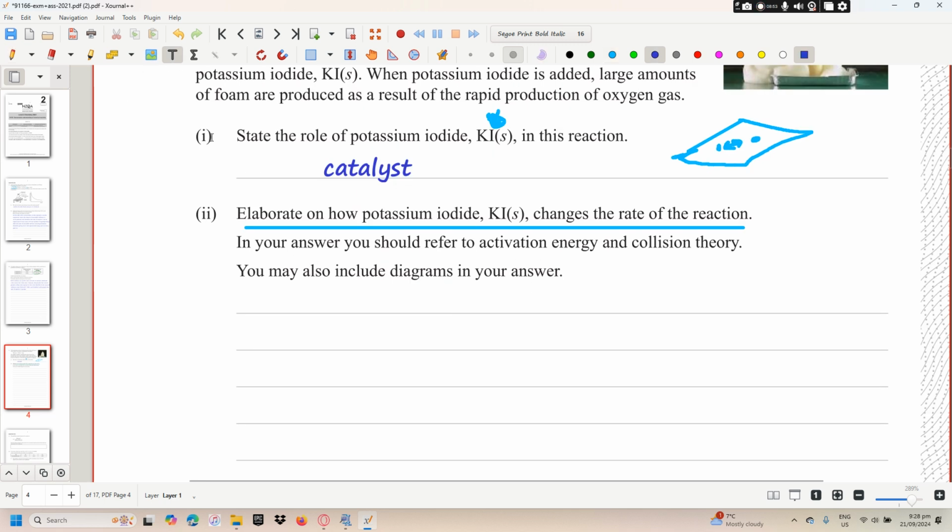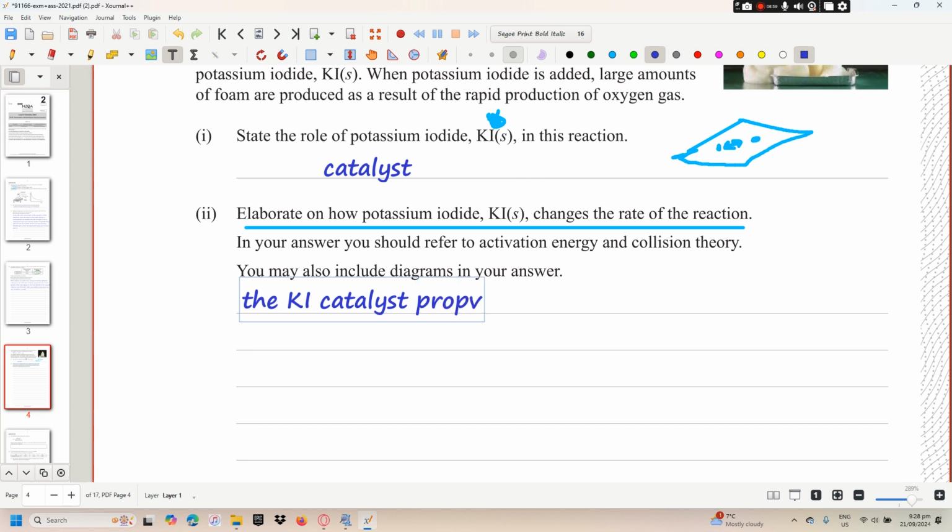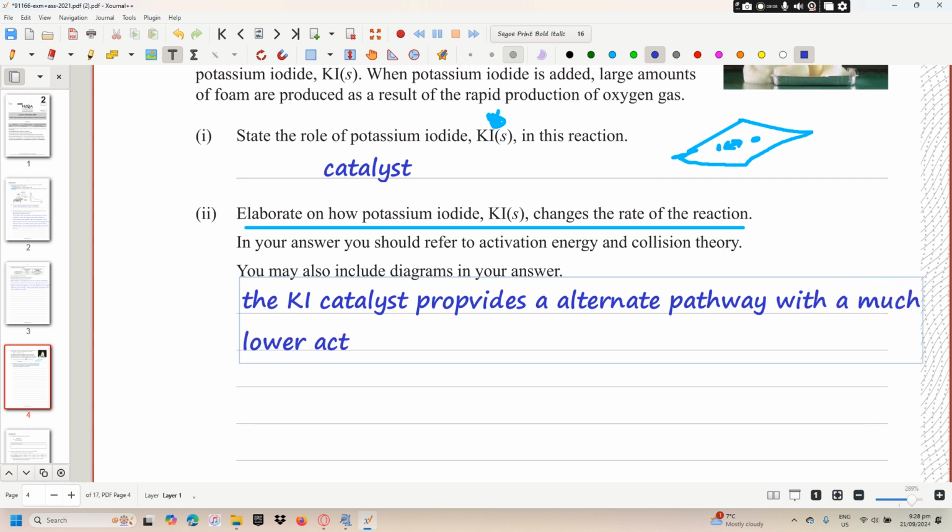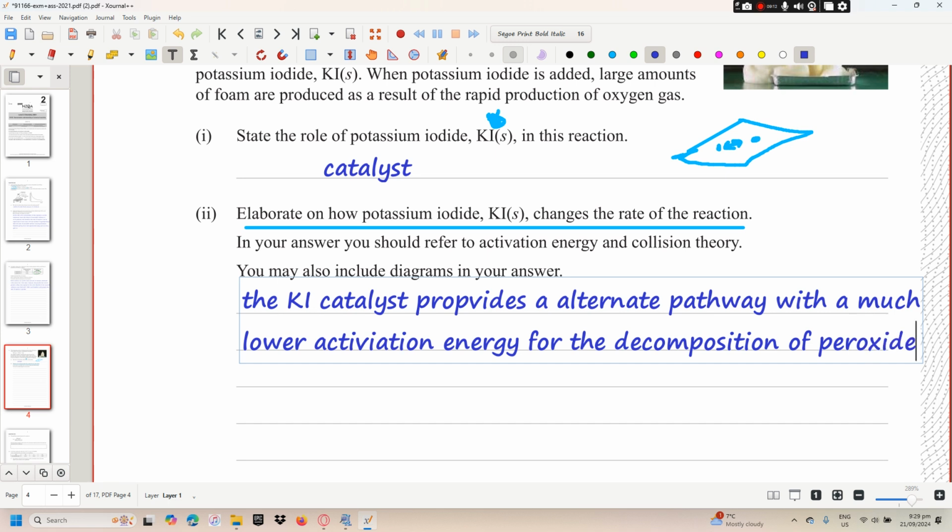All they really want you to say is the KI catalyst provides an alternate pathway with a much lower activation energy for the decomposition of peroxide to occur. Okay, that's the first part. That's what the catalyst does.